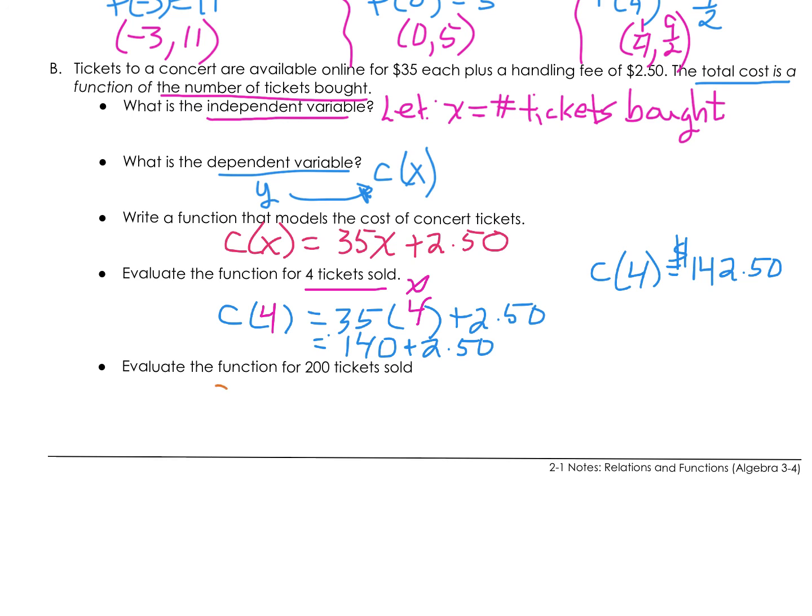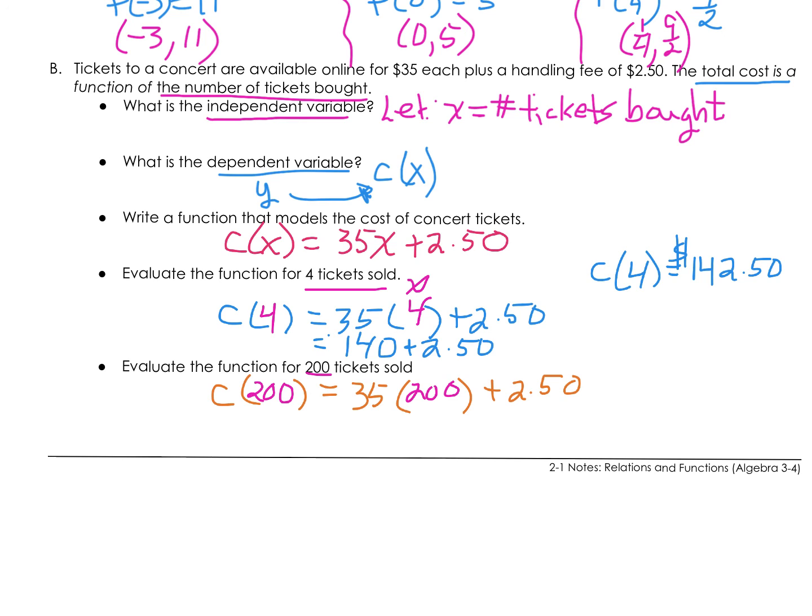So I'm going to do c of, okay, instead of x, they're wanting us to put in 200. So it's c of 200. So everywhere I have an x in the rule, I must replace it with 200.